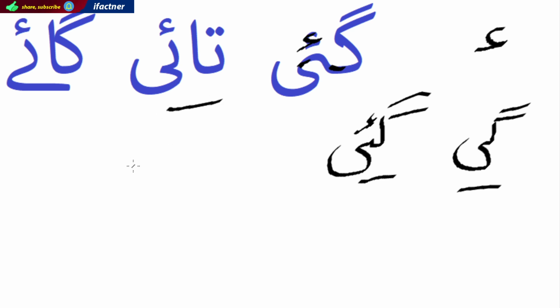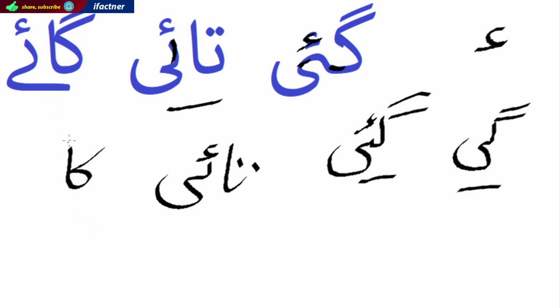Then we have Tai. Tai means aunt. Te, Alif, and then here, look, we are writing Hamza like this. So this is its middle position shape because it's not being connected to Alif. And then we write Chotiya. And the next word is Gai.